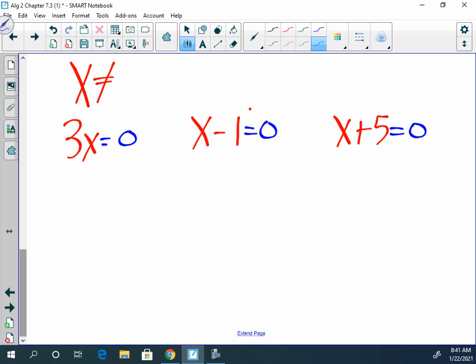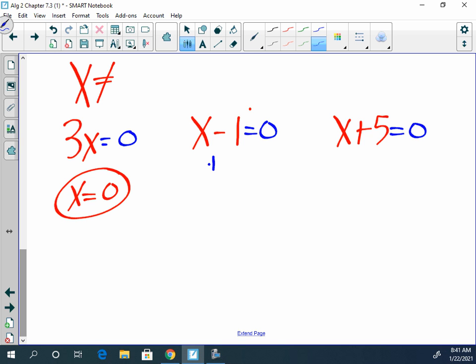Well, 3 times x equals 0. What's x going to be? Because I could divide both sides by 3, what is that still going to give me? 0. The only number that I could plug in is 3 times it. What number is 0? Well, the only thing it can be is 0.